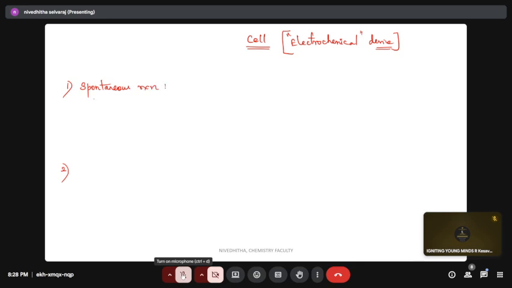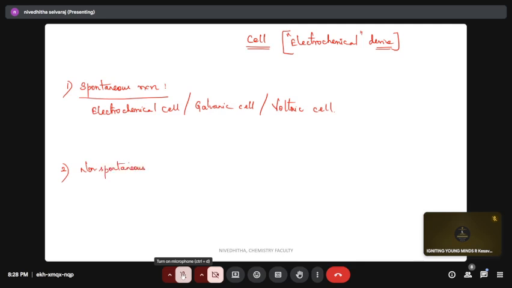If the reaction is spontaneous, then that kind of cell is called an electrochemical cell, or it is also called a galvanic cell, or a voltaic cell. If the chemical reaction happening in this device is non-spontaneous, then that kind of cell is called an electrolytic cell.